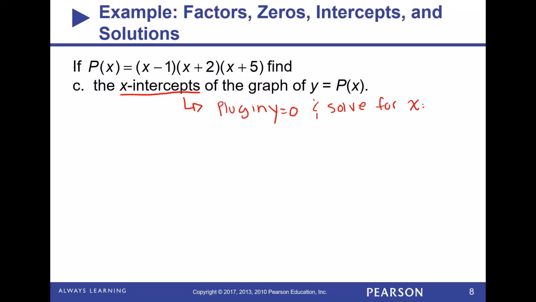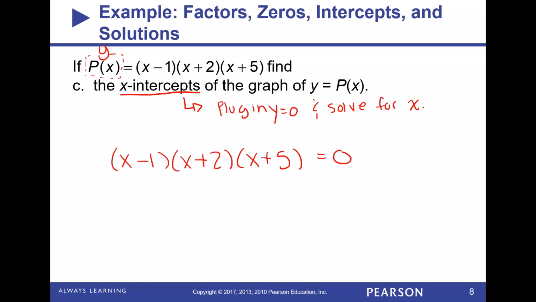That was what I said early in chapter 1. Now, instead of a y value, we use our function notation. So remember that this whole thing here is y. When I say find the x-intercepts, that's just another fancy way of saying find me the zeros of the function or find me the solutions of the function.